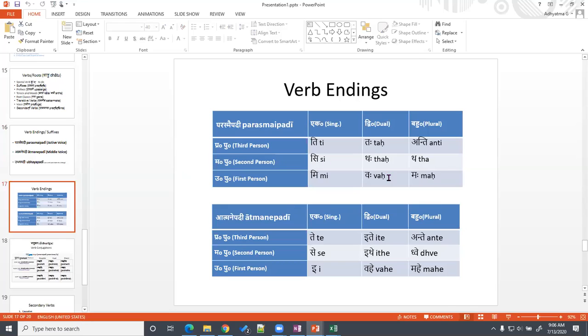So these are the forms in the lat lakara, in the present tense. In the Parasmaipadi, we have ti, taha, anti, si, thaha, tha, mi, vaha, maha. And in Atmanepadi, we have te, ite, ante, se, ithe, dhve, I, vahe, mahe.